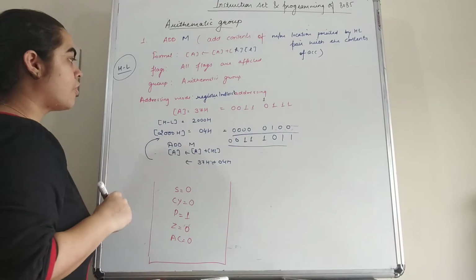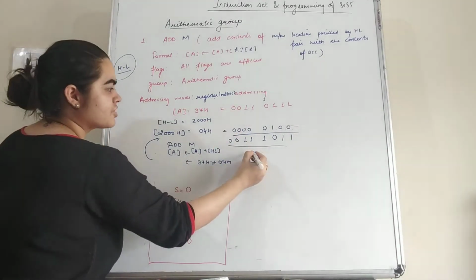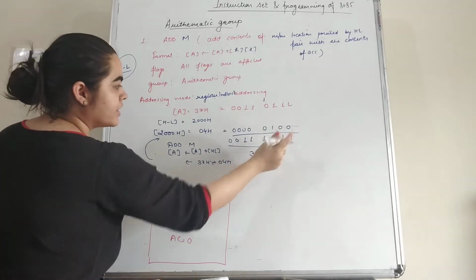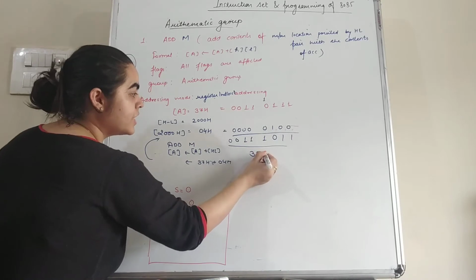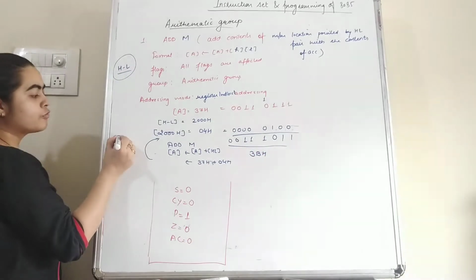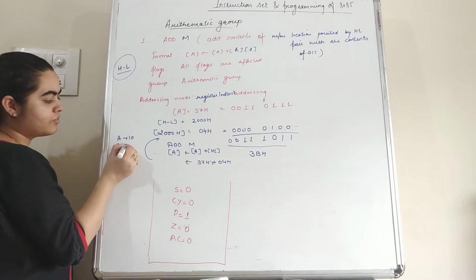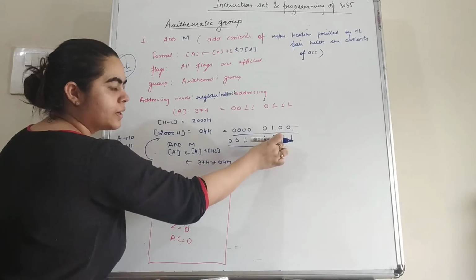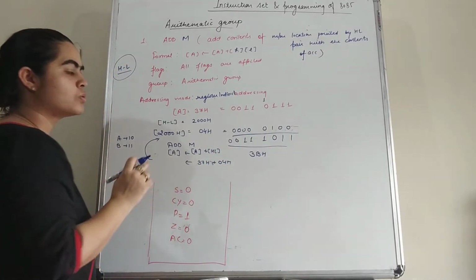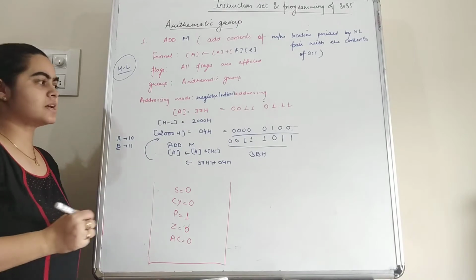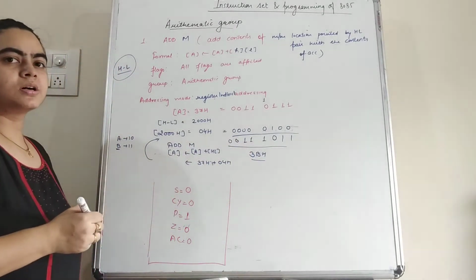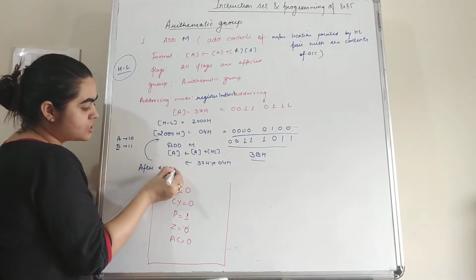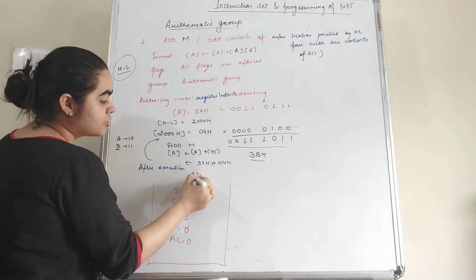So the result of this addition is 30 in the upper nibble, and the lower nibble is 8, 9, 10, 11. So 11 means B in hexadecimal: for A we write 10, for B we write 11. So 8 plus 2 is 10, 10 plus 1 is 11, and 11 is represented by B in hexadecimal. So the addition of these two numbers is 3BH. After execution, the contents of the accumulator are 3BH.